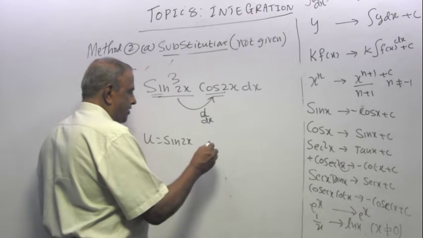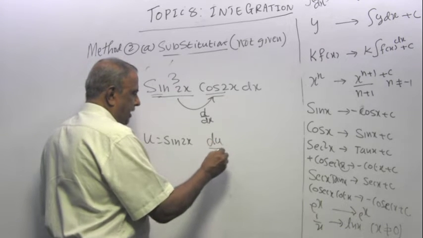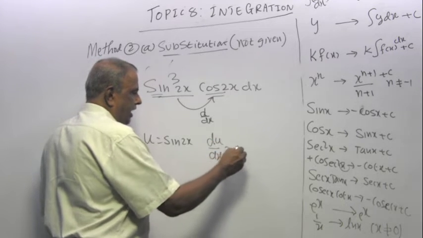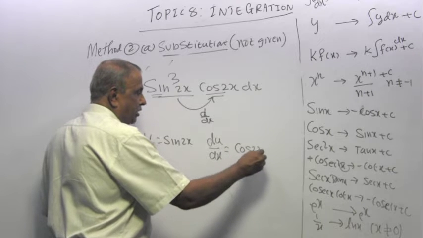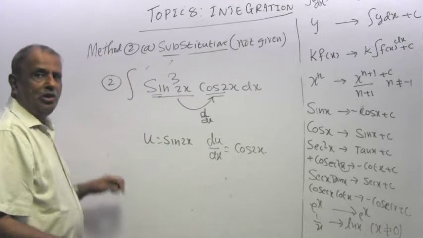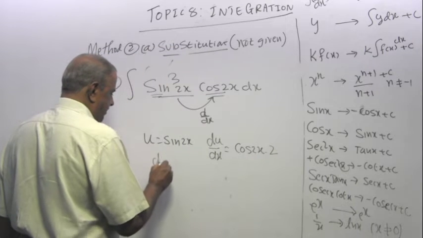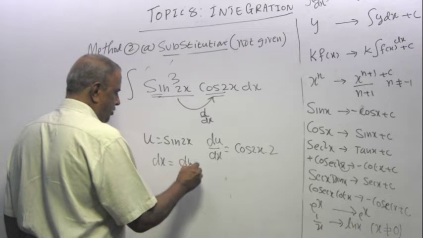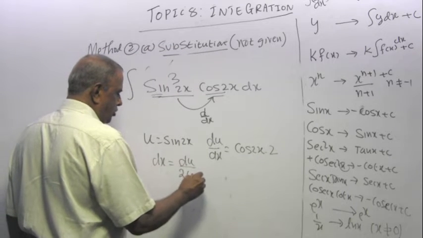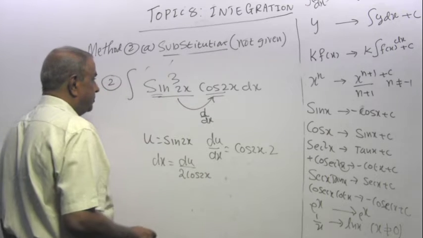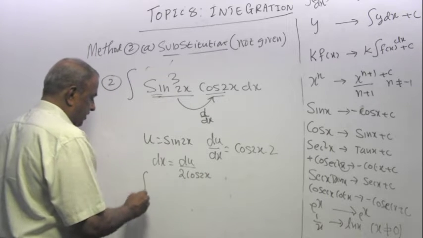u is sine 2x. Find du by dx. Sine 2x gives you cos 2x. Remember, you are differentiating. Onion rule. 2x gives you 2. Make dx the subject: dx is du over 2 cos 2x. So write the question integral.